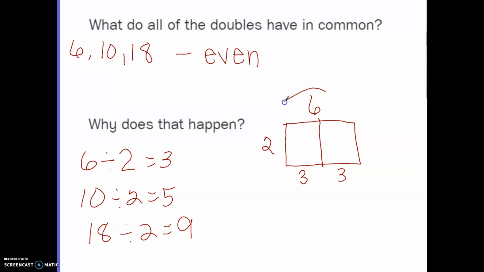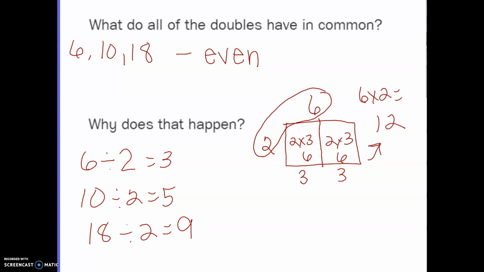So the area of the big rectangle would be 6 times 2, which is 12. And then if we were to find the area of each separate small rectangle, this would be 2 times 3. This would be 2 times 3. And that's 6. And that's 6. And 6 plus 6 is 12. Just another strategy to use.